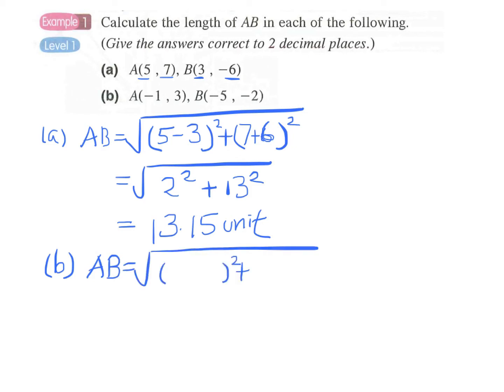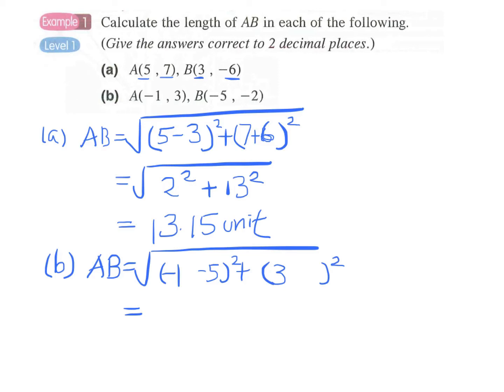Again, for part B, we can apply the same formula. We first write the format of the distance formula first. And again, we can make A as x1, y1, minus 1, 3. And note that if we choose the point A as the point x1, y1, we have to stick to that choice. And for B, we have minus 5.